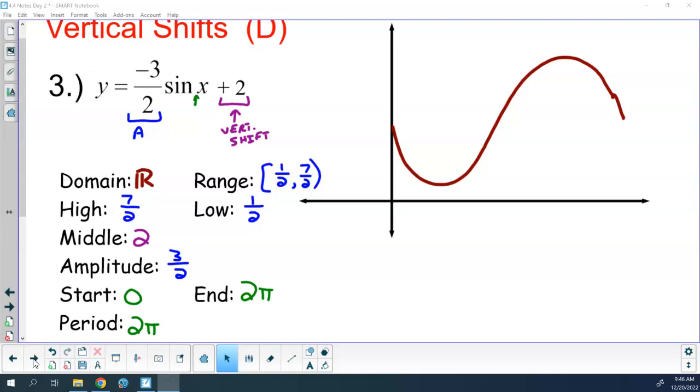Okay? So now when I go to label these, my low is down here at 1/2. My middle is right here at 2, and my high is at 7/2.